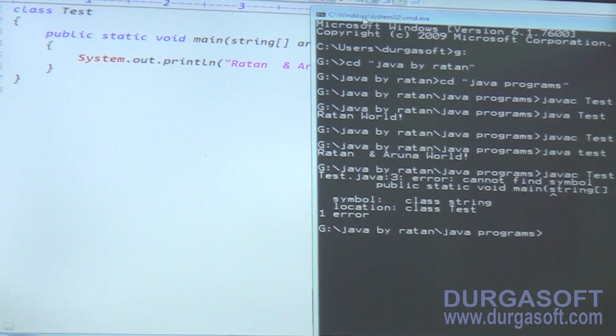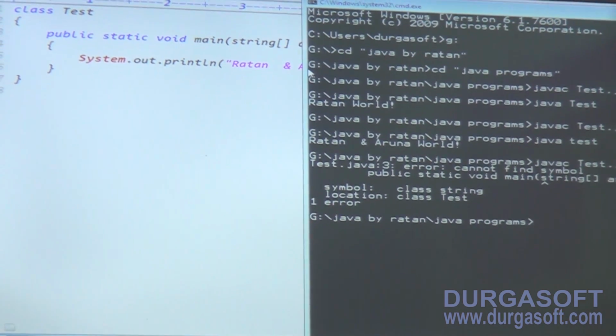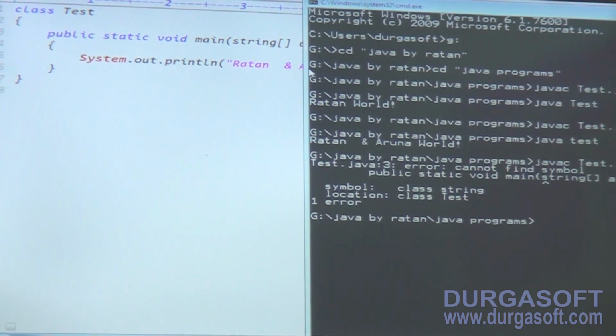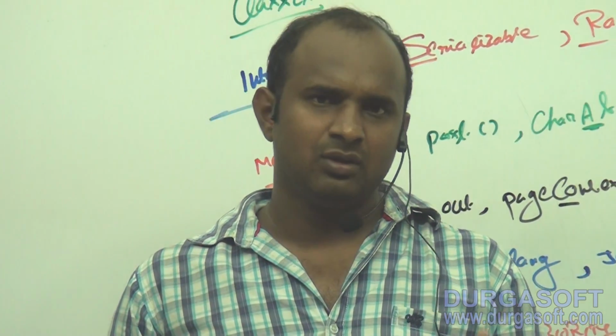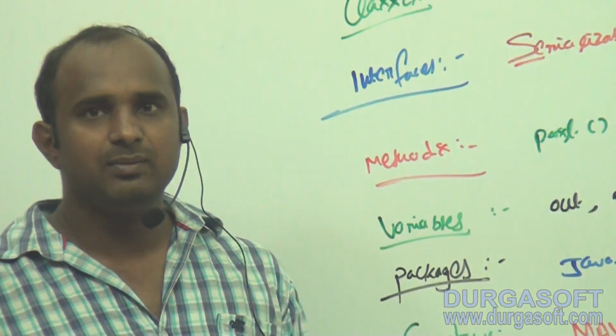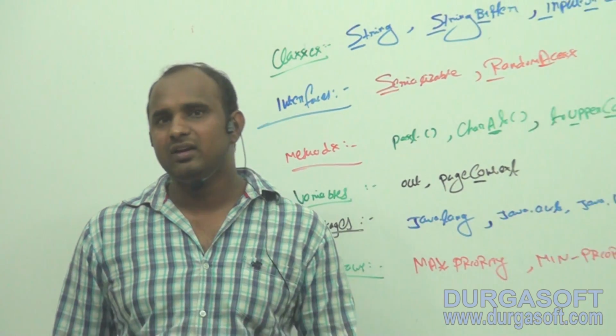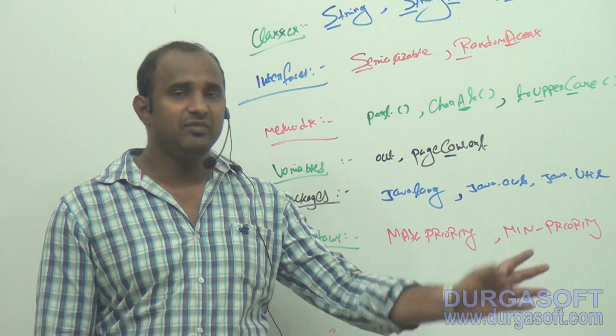Based on this, I will go to the conclusion. So concentrate. What are the coding conventions we discussed? Classes, interfaces, methods, variables, packages. Whatever coding conventions we discussed, these coding conventions are mandatory for the predefined library.